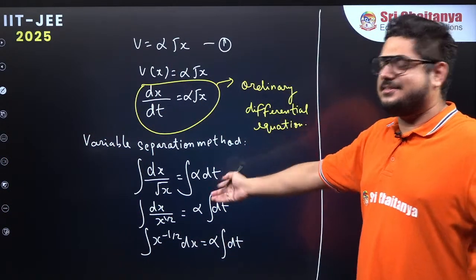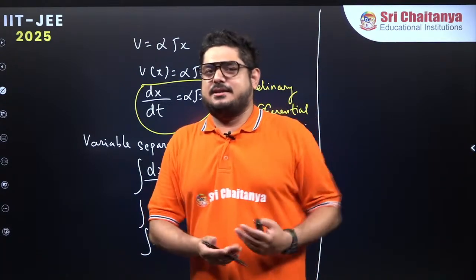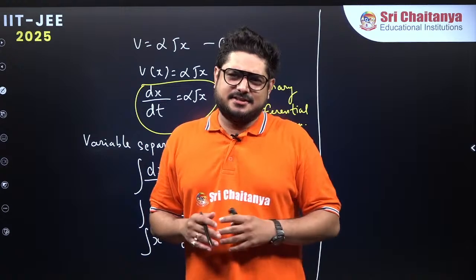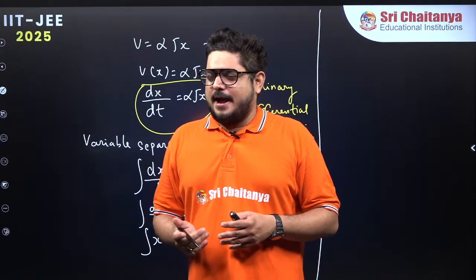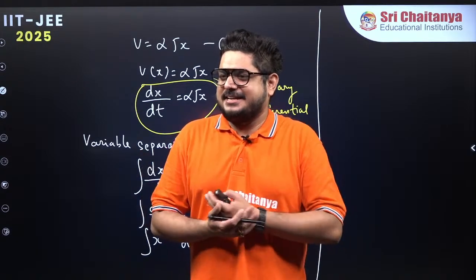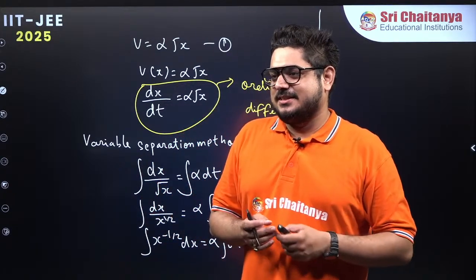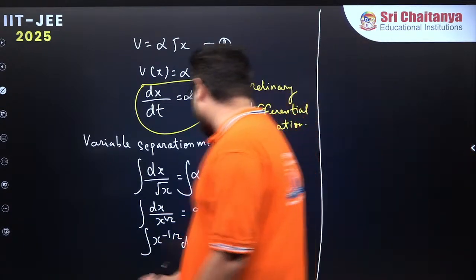Now you can solve this. Now let's see those who have been following my lectures till date, till this day, okay? And those will definitely be taken under consideration. You can write down what is the integral of x to the power minus half dx. क्या होता है?